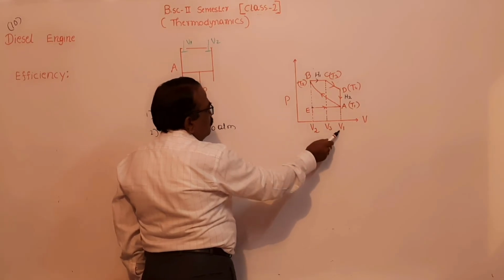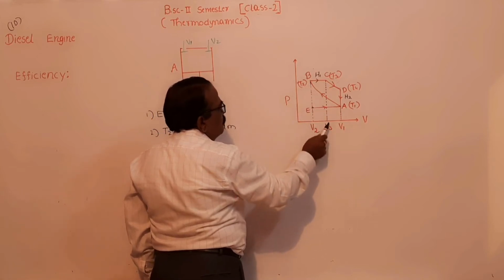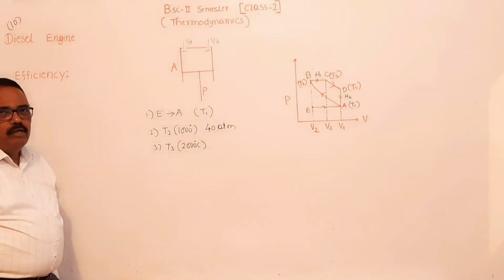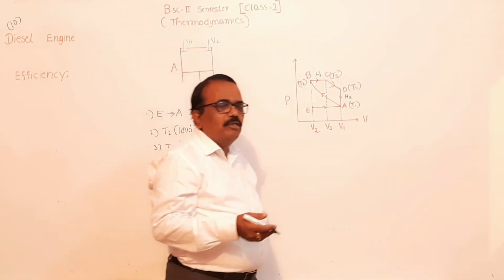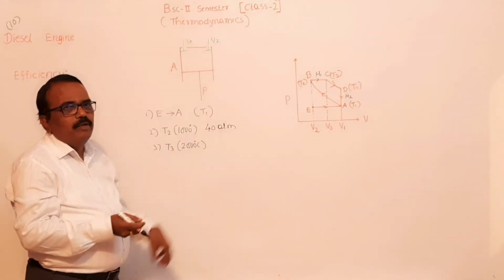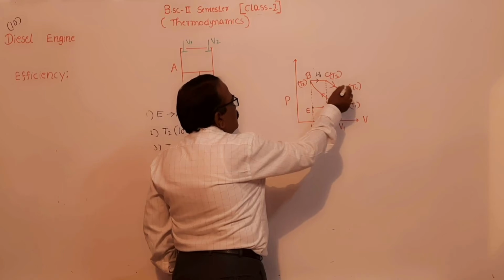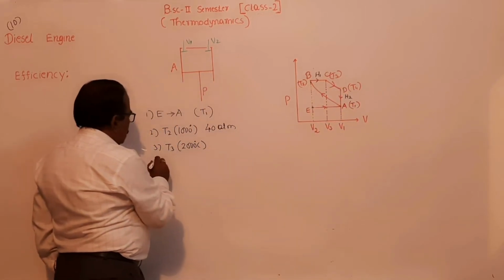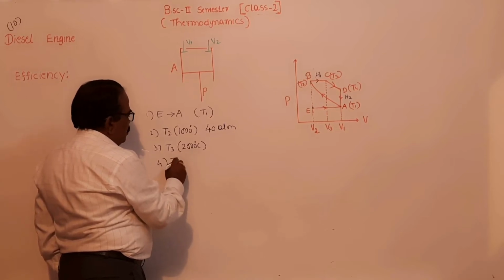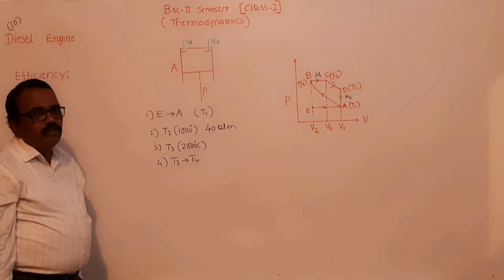When E to A the volume was V1, A to B the volume was V2, B to C the volume is V3. Then in the figure C to D represents the working stroke or power stroke, where the gas is suddenly expanded adiabatically. The piston moves in the downward direction, C to D, and the temperature changes from T3 to T4. The pressure also changes.